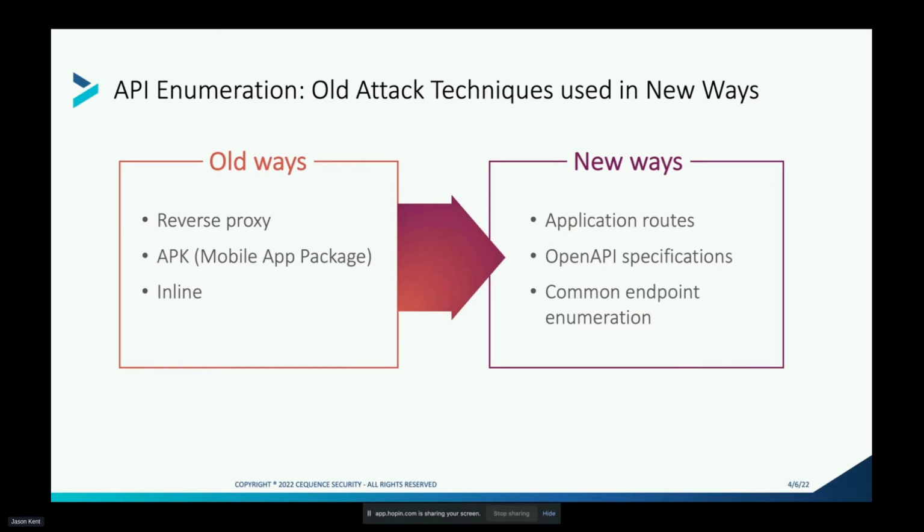I want to give a shout out here to the folks that did Kiterunner. If you go look for Security BSides and Kiterunner in Google, you're going to see some really interesting stuff. And this is all stuff that is sort of the open source way of doing this. But they talk about application routes quite a bit inside of this.